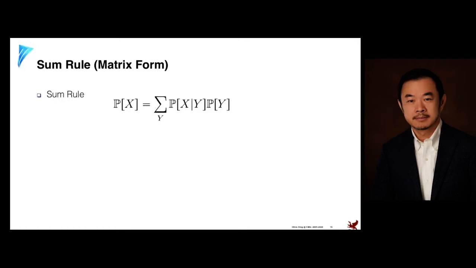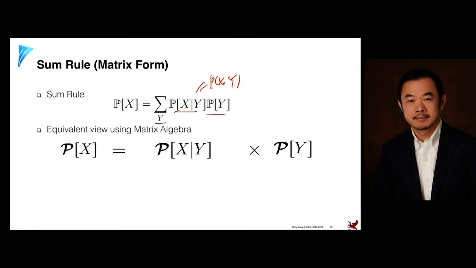So one rule is called a sum rule, which corresponds to the marginalization of a joint distribution. Here is how we write down a joint, a conditional times a marginal, and then this gets you P of X and Y, and then we sum over Y, and then we get X. Linear algebraically, we use the following matrix algebra to express that.